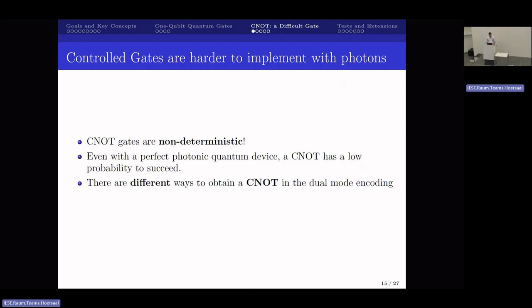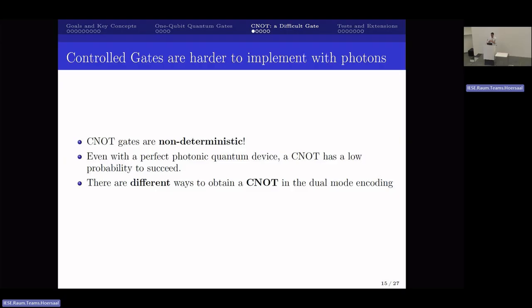So now I want to introduce you to control gates. And control gates are harder to implement with photons than the simple one qubit gates I presented to you. The first thing, which is a limitation of photonic quantum computing, is that the CNOT gates are non-deterministic.